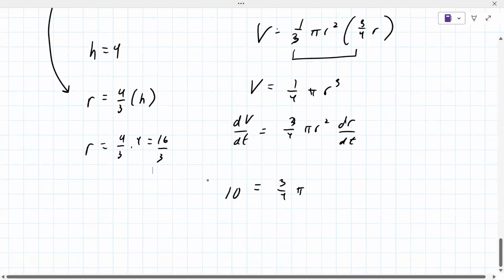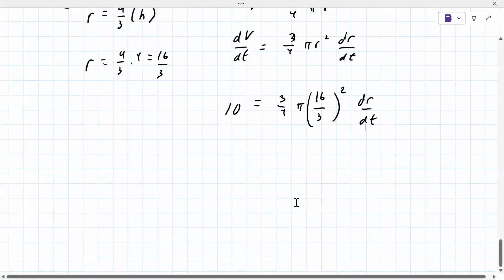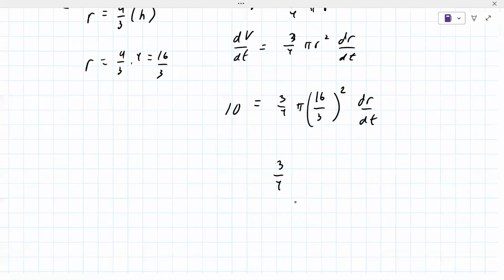So we're going to put that into this part, 16/3 squared dr/dt. So we have 3/4 pi 256/9 dr/dt equals 10.